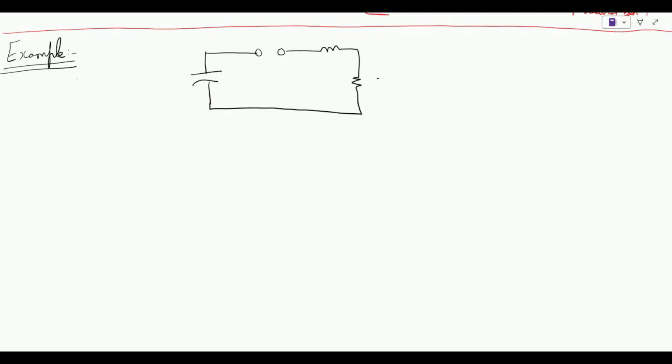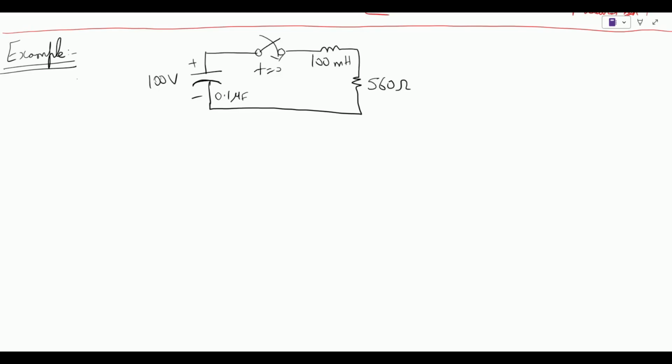The resistor has a value of 560 ohm, and the inductor is 100 millihenry. The switch is going to be closed at time equals to 0, which means that our circuit is now in the step response, where the capacitor has a capacitance of 0.1 microfarad, so it is going to discharge its energy at time equals to 0, and the voltage applied on this capacitor is 100 volts.